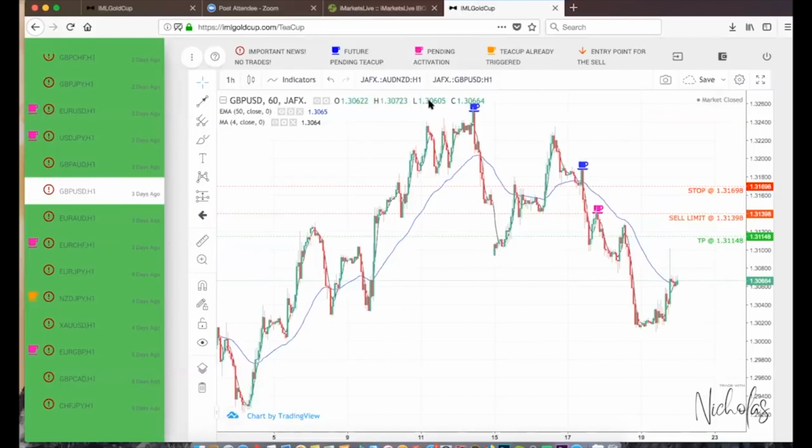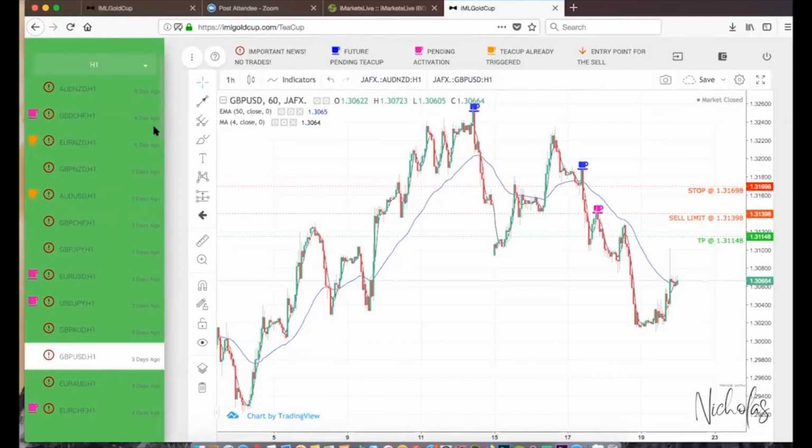Why do all the pairs have an exclamation point in front? Is this because the market is closed? Okay, so I'm going to answer this question. If you look over here to the left, this is news, guys. They just added this recently.